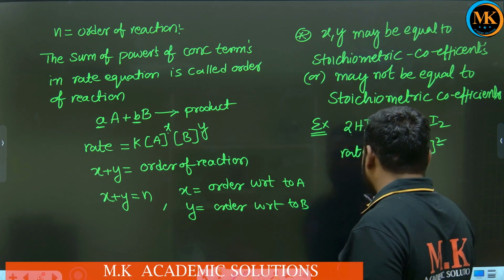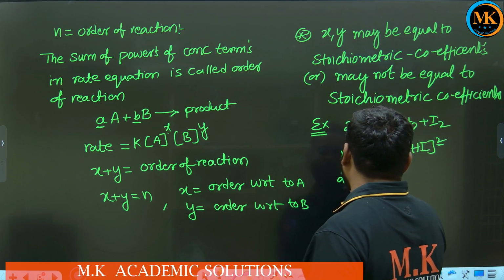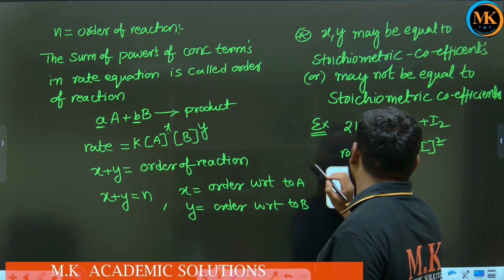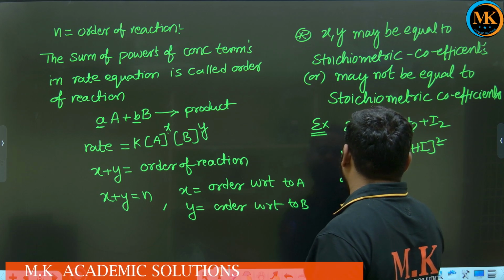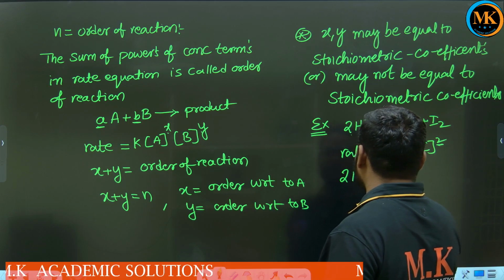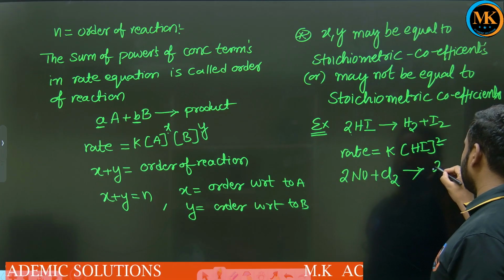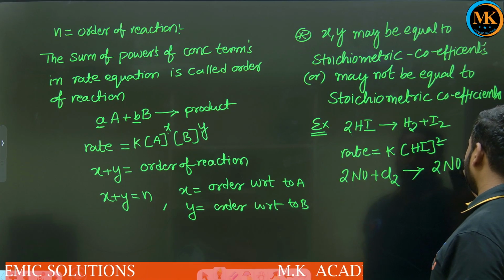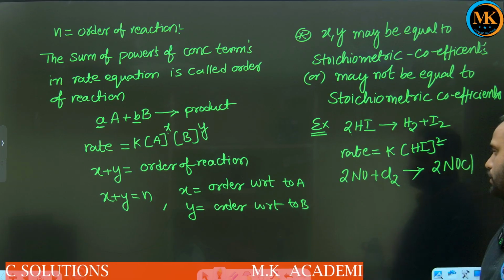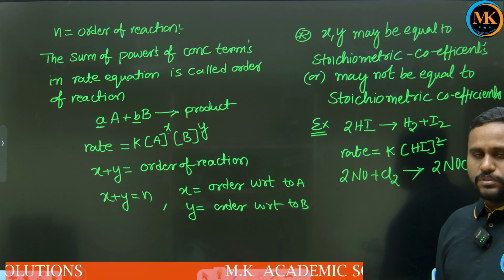And here you can take one more example. Let us consider 2NO plus Cl2 gives rise to 2NOCl.